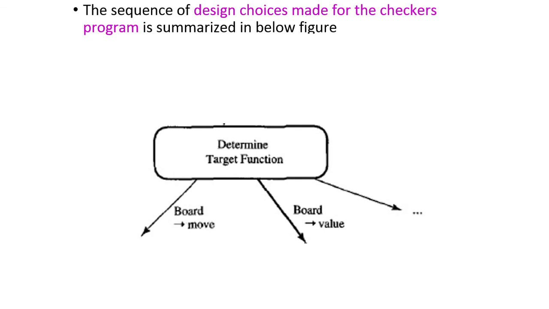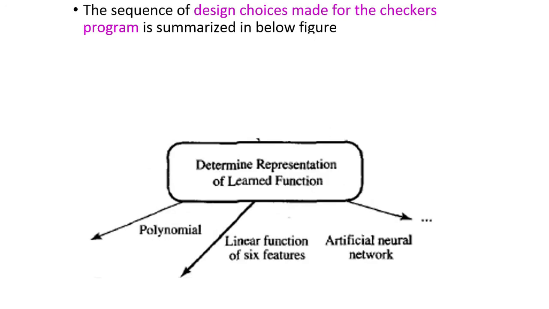The next step is to determine the target function. Again we have options: it may be board move or board value. If you remember the equation, we have taken the board value. The next step is to determine the representation of the learned function. It may be a polynomial, a linear function of 6 features, or an artificial neural network.